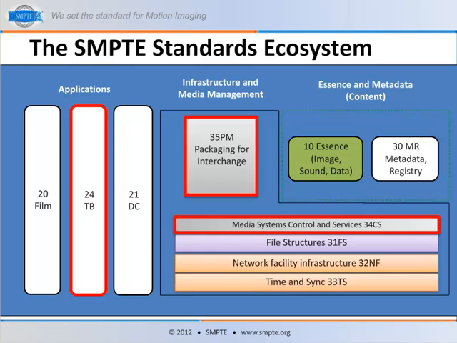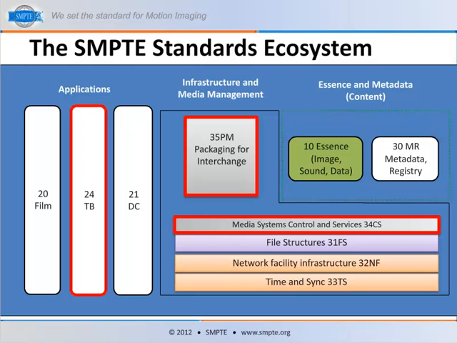And the 10E Essence Committee is responsible for things like video formats coming out of cameras, for example. We're more and more seeing the need for metadata to be created along with essence. So those two committees together are really responsible for the formats and the way in which program material is created.